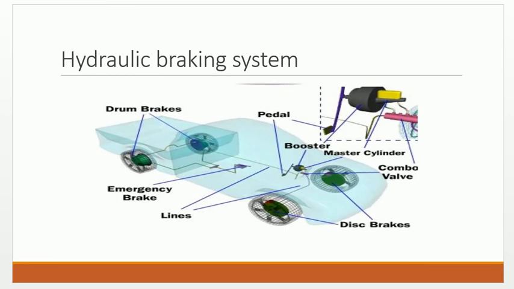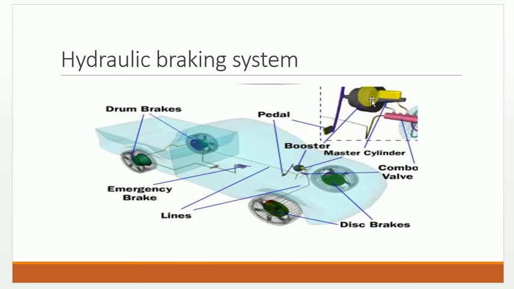So how does it actually work? We have a brake pedal, and when you press your brake pedal, there is what is called the vacuum booster. One side of this booster has a vacuum chamber and the other side is open to the atmosphere. Due to this pressure difference, the force gets multiplied.